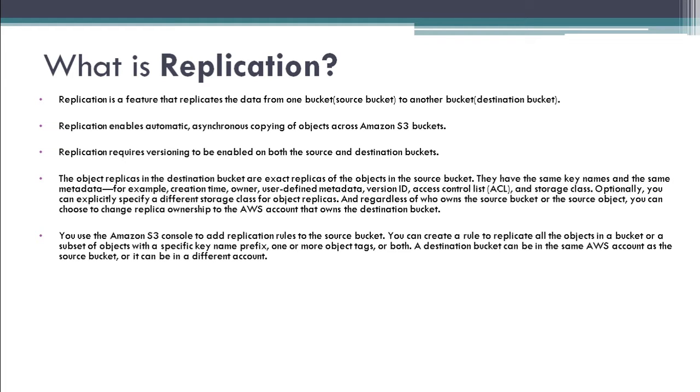And if you want to replicate only objects with a specific key prefix, you can set that, or as per your object tag you can do that also, or you can use both key name prefix and object tag.